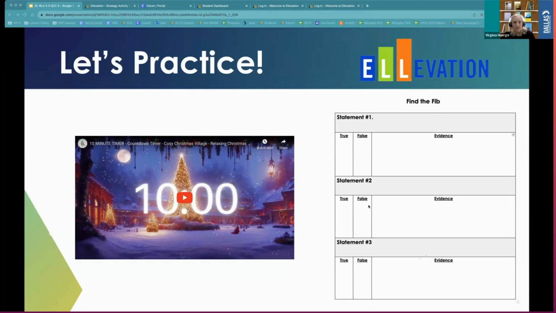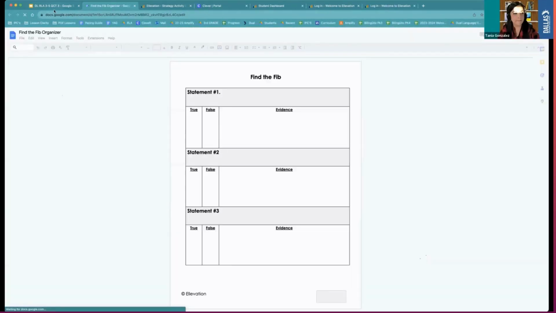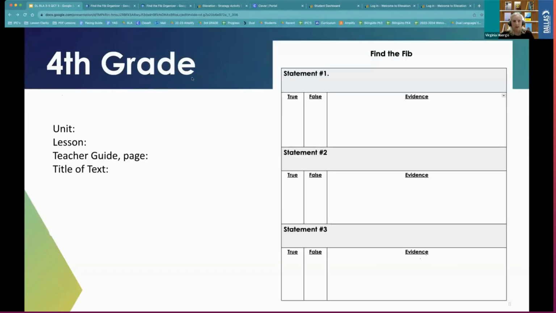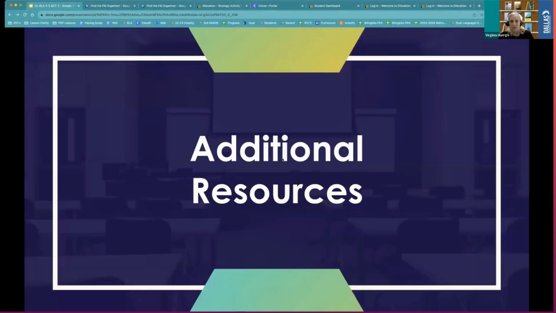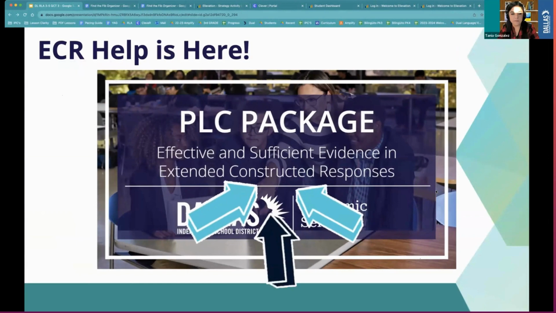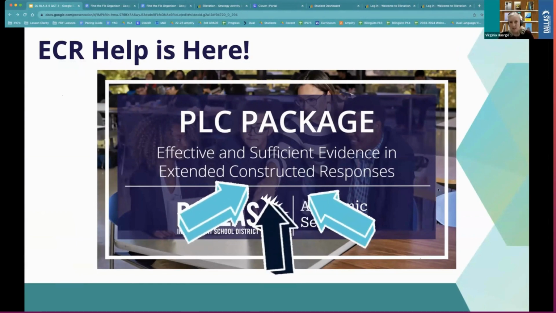Okay, so we have additional resources, and very quickly, I want to only stop at the PLC package. If you can show that slide. Yes, thank you. If you find that your students need help gathering the evidence for the ECR, there's a PLC package here.